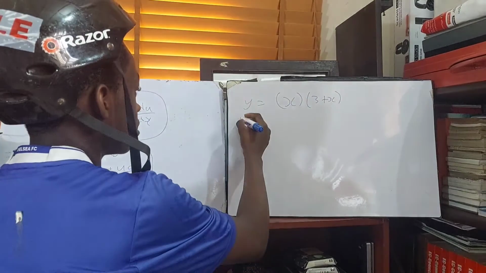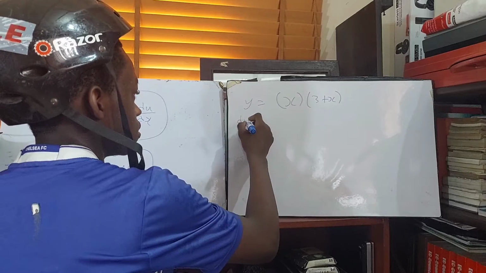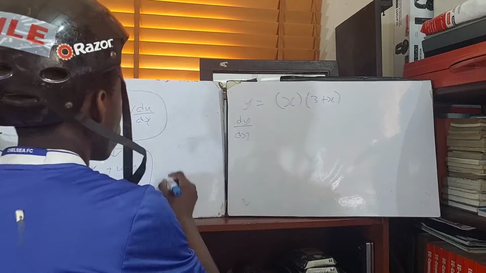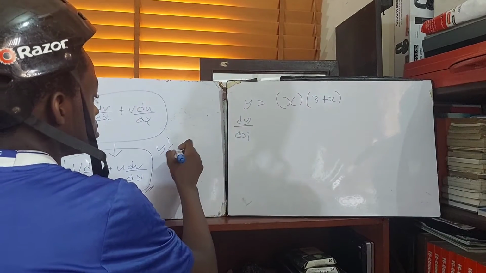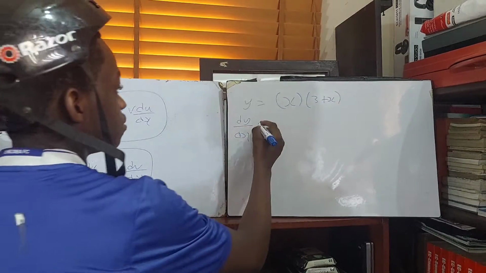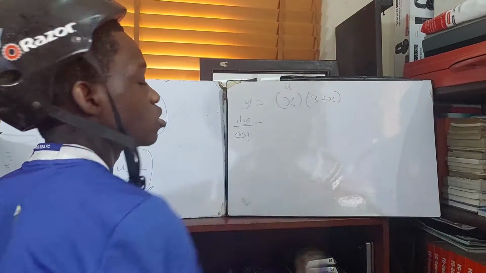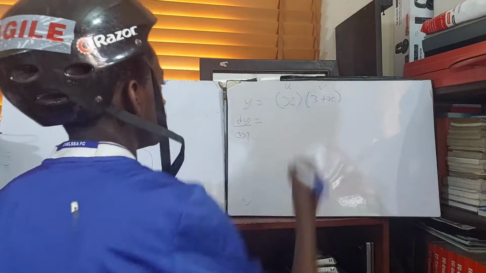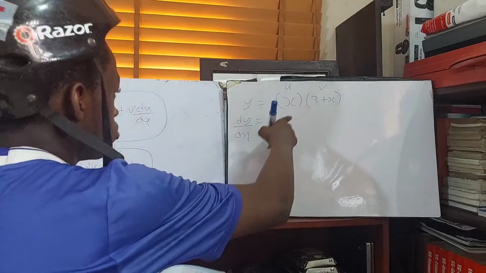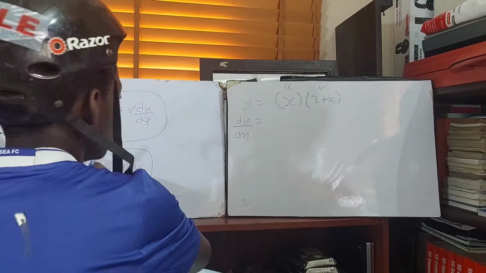Let's say I want us to find y prime, or dy/dx. Remember, when you say y prime, it also means to find the derivative. I'm going to make this v, right? According to the formula, we're going to do v du/dx.